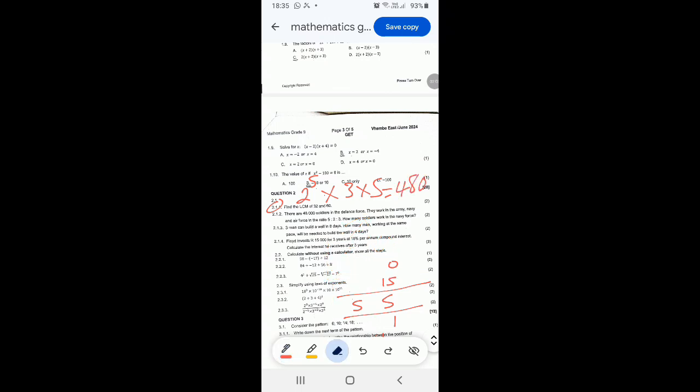Or let me summarize and simplify it. Let me draw the two tables together. So we have 32 here. We have 60 here. We divided by 2, by 2, by 2, by 2, by 2. 1, 2, 3, 4, 5.